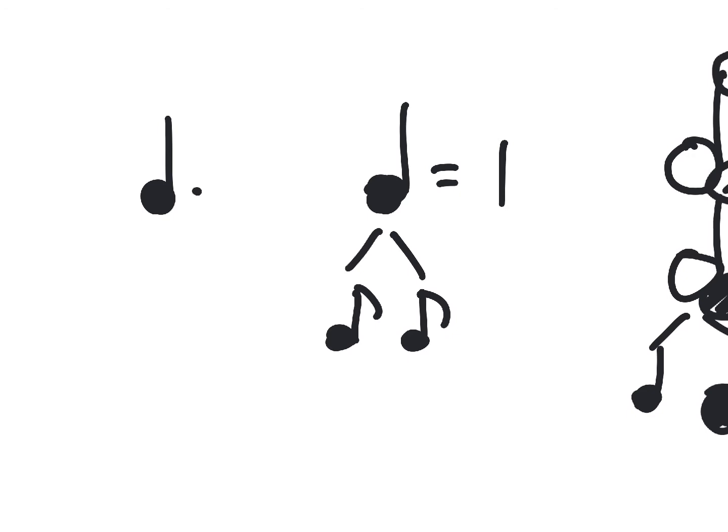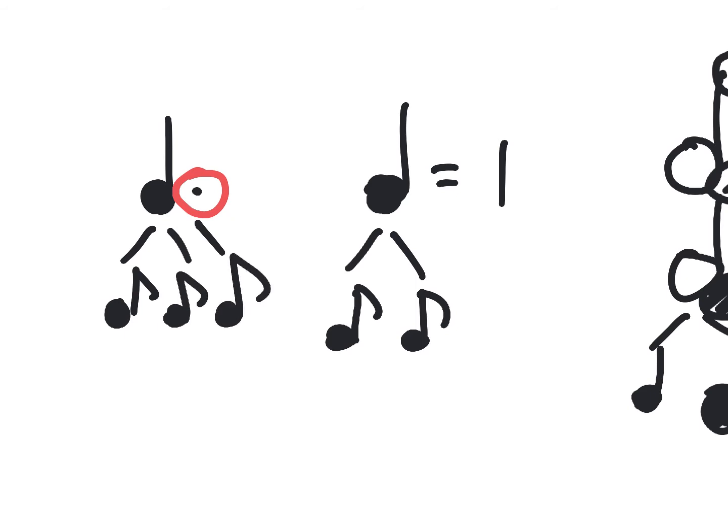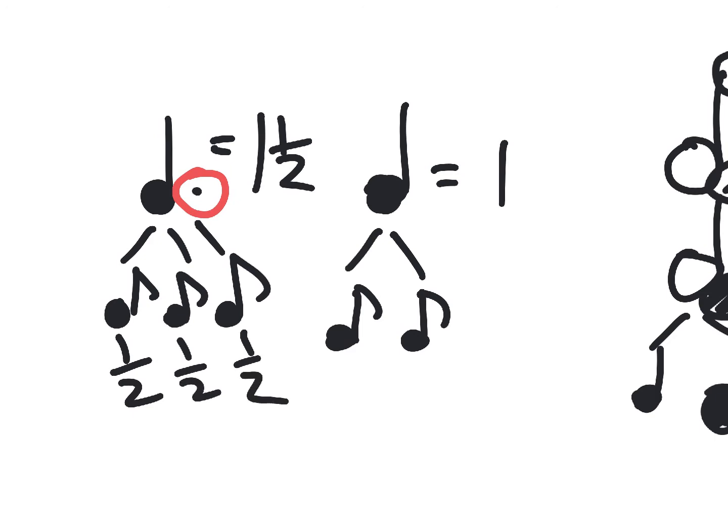Well, because of the dot, don't forget we're looking for the dot, we're basically going to just add another one. So it would be like adding 3 tas instead of 2. And so a lot of people like to say that the dotted quarter note is like 1.5 beats, because you have a half, and a half.